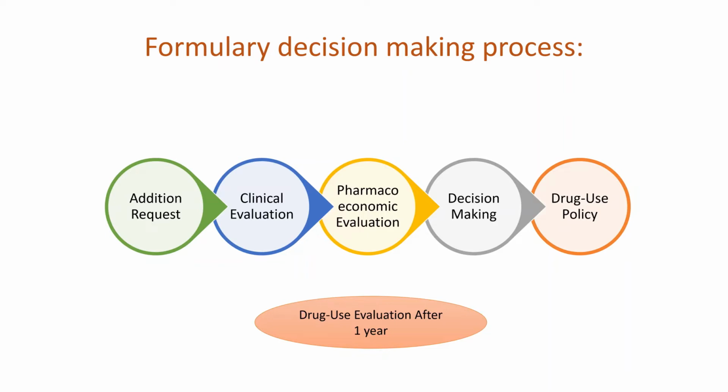This will be followed by clinical evaluation and then pharmacoeconomic evaluation. And when we make a decision to adapt the technology, we develop a drug use policy. And then after 1 year of procuring the medication, we conduct a drug use evaluation to make sure that the physicians are compliant to our drug use policy.